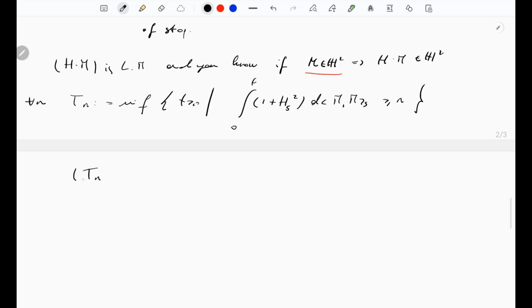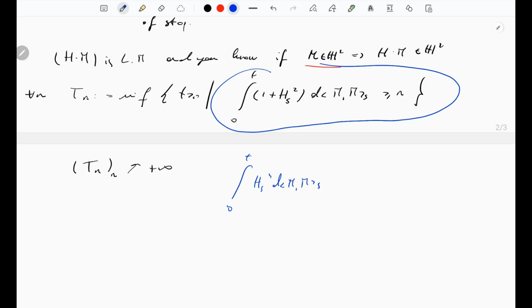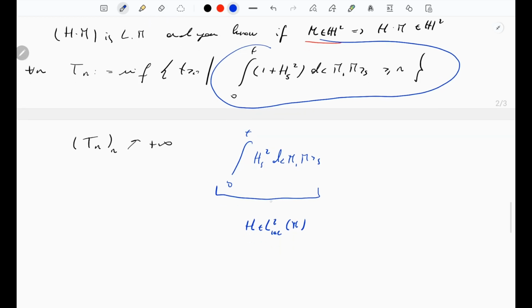The sequence T_n is an increasing sequence of stopping times, and what this T_n allows you to do is control the growth of this, which, remember, H is in L2 loc. That's the definition of being in L2 loc. If this is finite, then you have H in L2 loc.